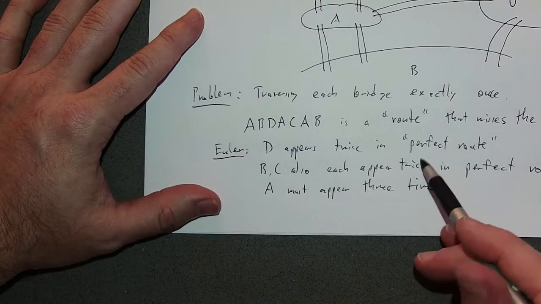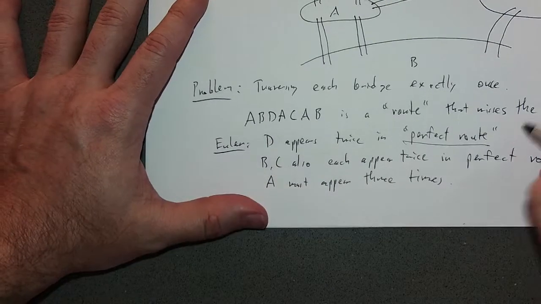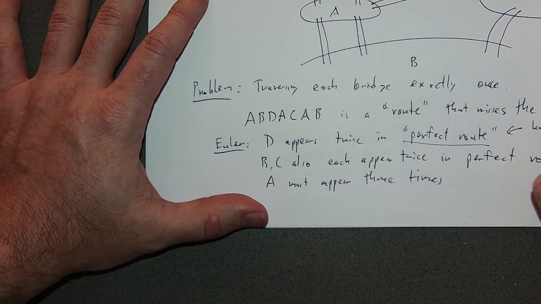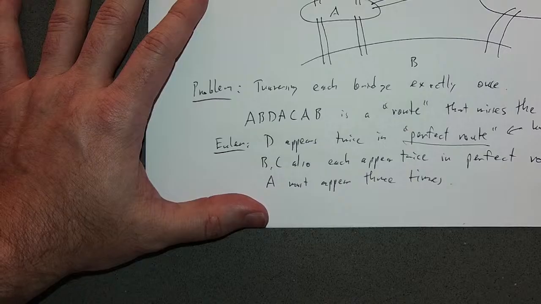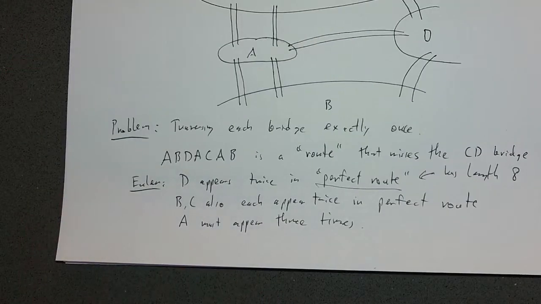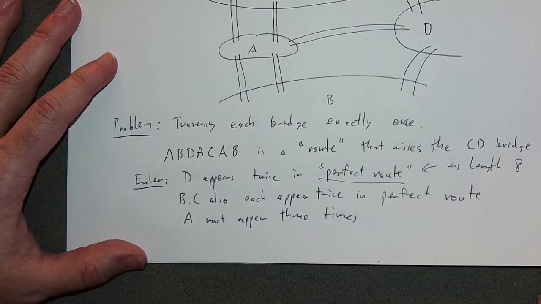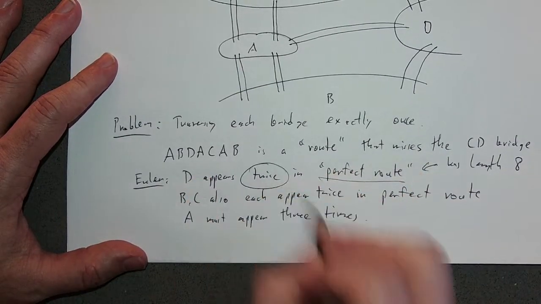But a perfect route has what length? A perfect route has length 8. A perfect route is going to consist of 8 characters made up of A, B, C, or D. But D has to appear twice.